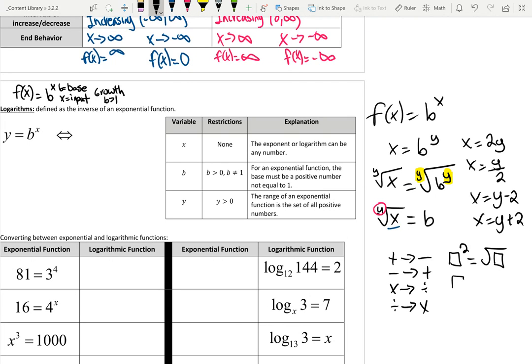If I take that number to the third power, my radical is going to change as well. But I don't have a way to get that y out of the exponent without making it more complicated. This is not even a function. No, thank you. I don't want to deal with that.